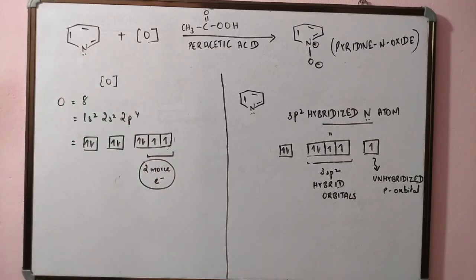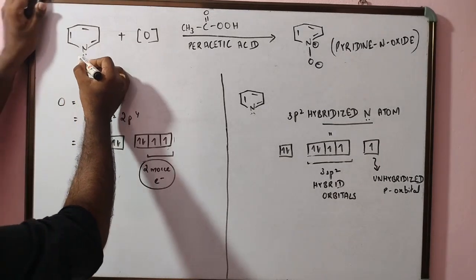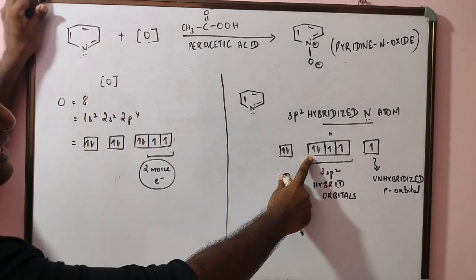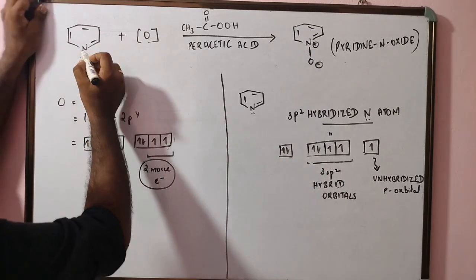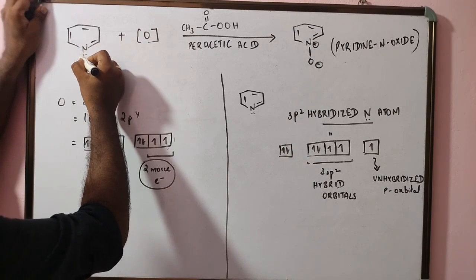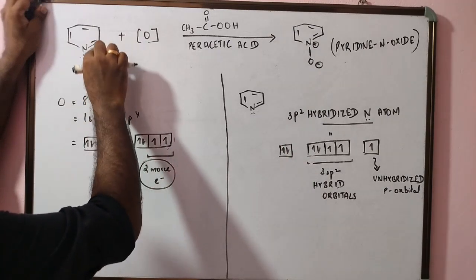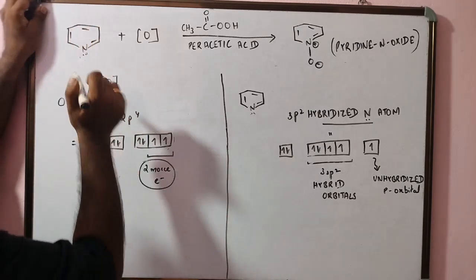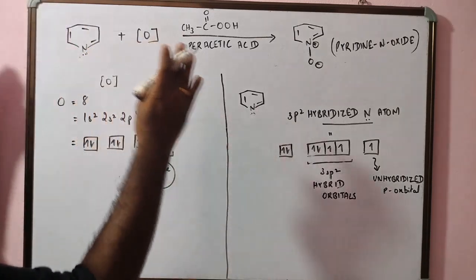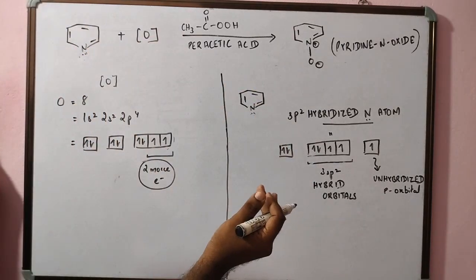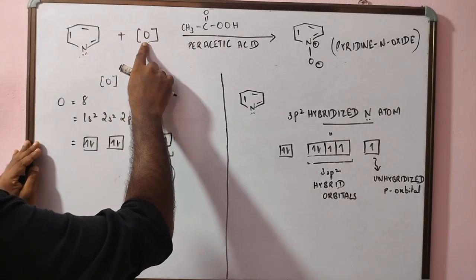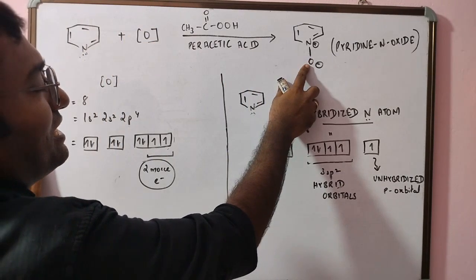The third reason for the attack is that the lone pair of electrons is localized on the sp2 hybrid orbital. The lone pair of electrons on the sp2 hybrid orbital does not take part in delocalization of the electrons. It is localized, it is readily available for donation, and therefore the nitrogen donates the lone pair of electrons to oxygen.